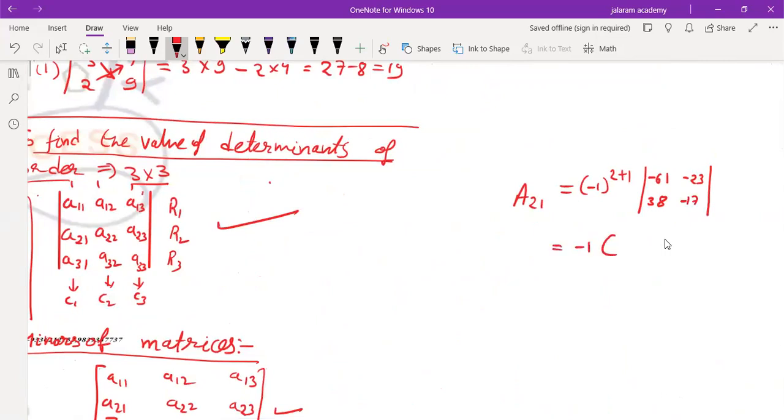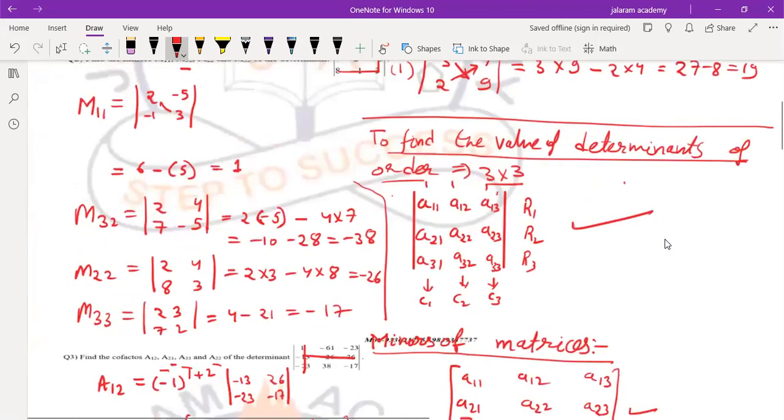It will be negative into 61 into 17. It must be 1037 positive. Plus will be again there 38 into 23. What will be the value of 38 into 23? 184, 18, 69 plus 18, 87. So get the answer. Minus, I think it is 1911. Okay, similarly, you can find the other values.